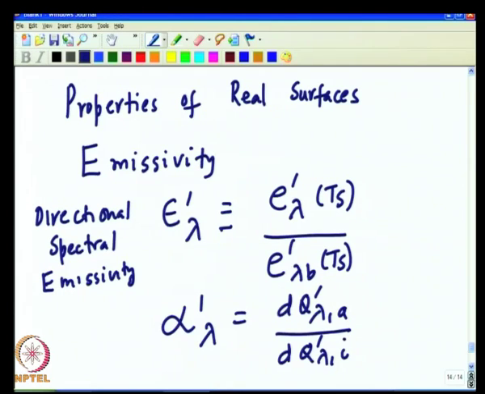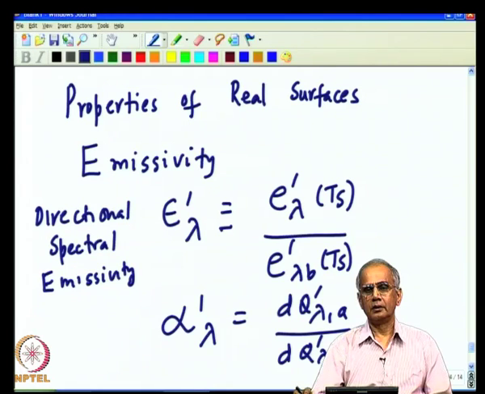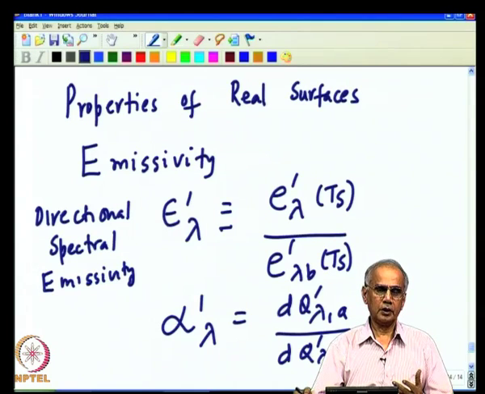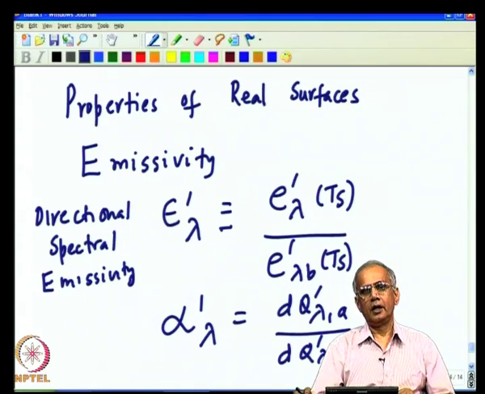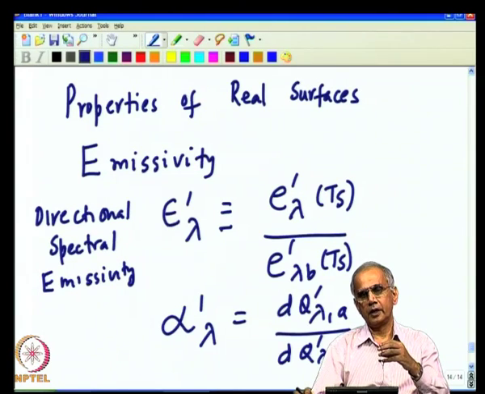emission and absorption are what is called reversible. That is, if a certain object had a certain probability of absorption, the same object will have a similar probability to emit radiation, because when there is emission, molecules fall from the upper state to the lower state and emit a photon. If you send the photon back, then there is an equal probability that the molecule will absorb the radiation and take the molecule from the lower state to the upper state.